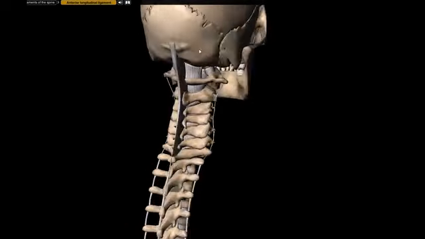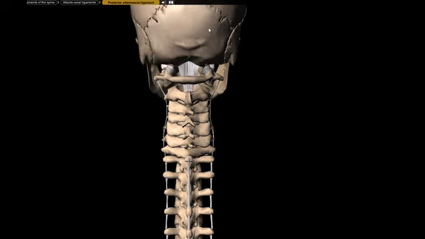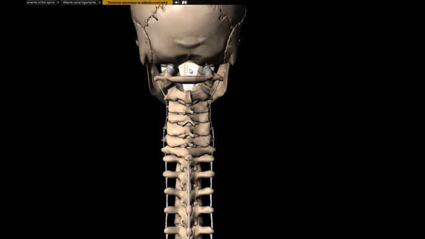But as I start to remove some of these layers, we'll see that I've got some pretty significant ligaments that are deep. So this is a good illustration of the posterior atlanto-occipital membrane and the posterior atlantoaxial ligament. So I take these away, and now I can start to see on the inside the tectorial membrane of the atlantoaxial joint.